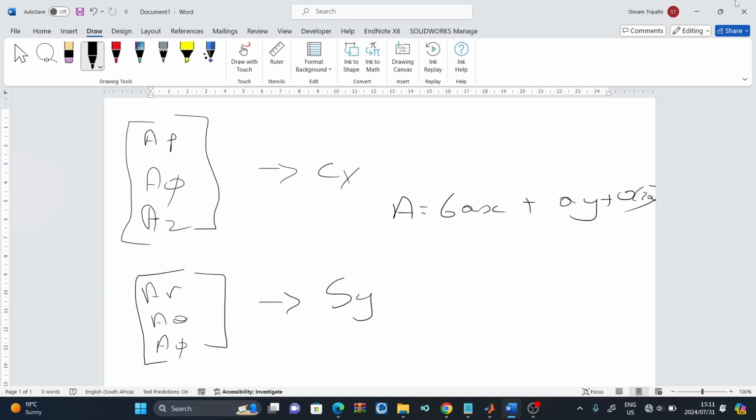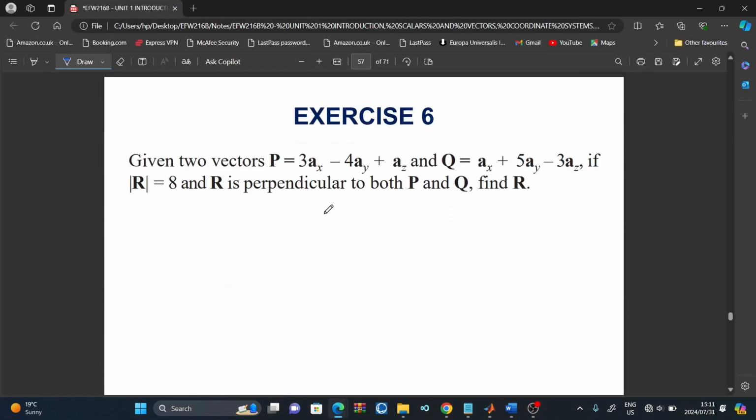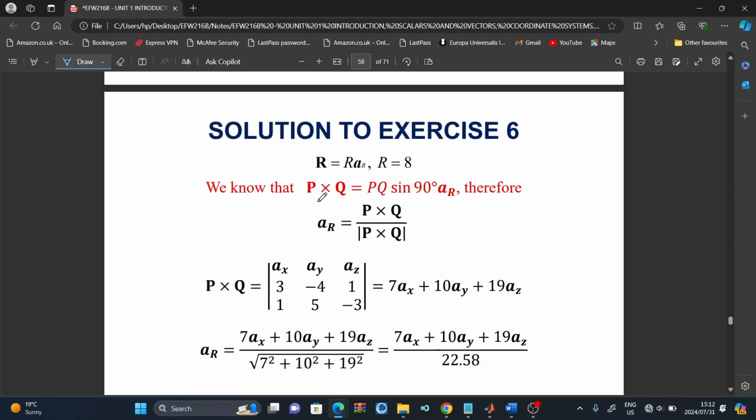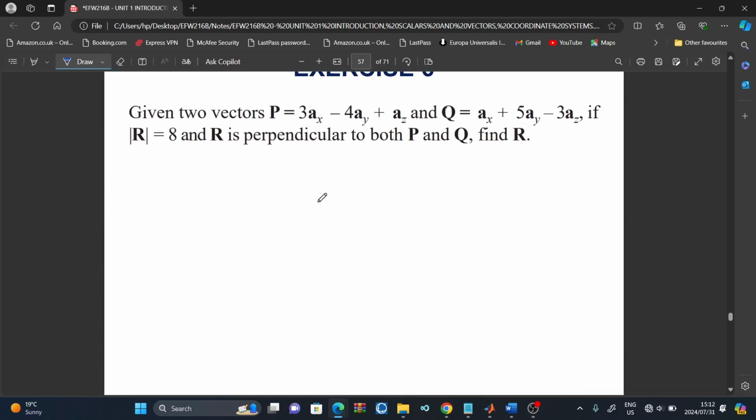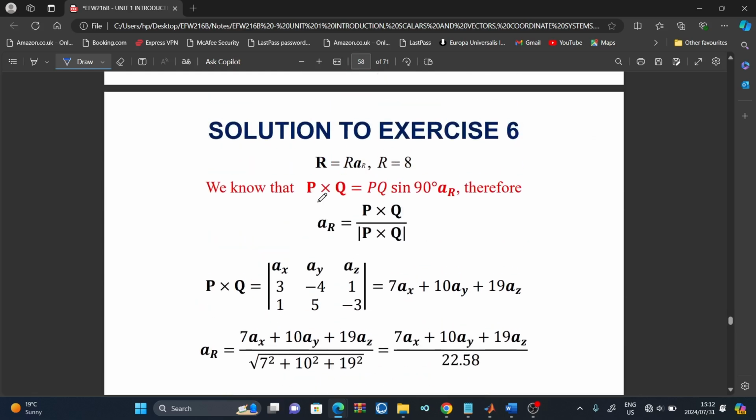And that's it for the examples given here. Then there are some exercises you can go through, such as exercise 6, where they say P and Q are given, and R is 8 and perpendicular to both, so you are just finding the unit vector of this system. You do know how to find the unit vector, which is given here.